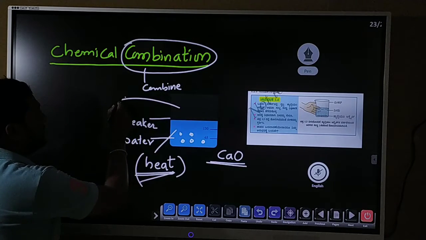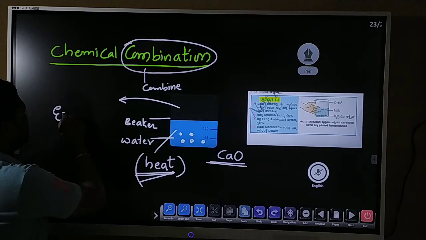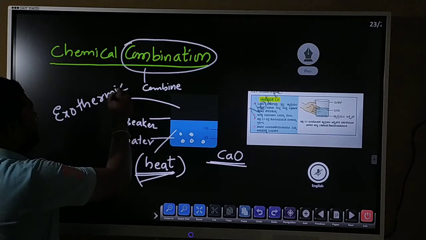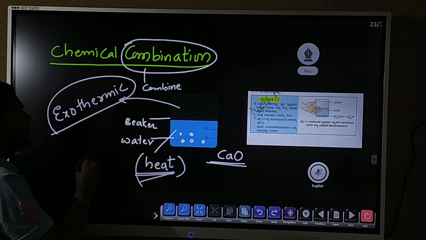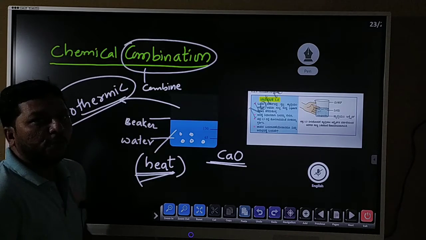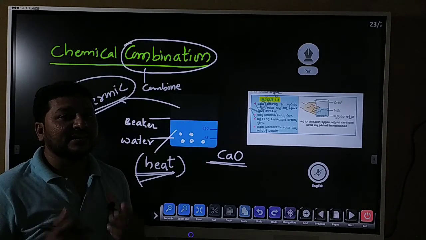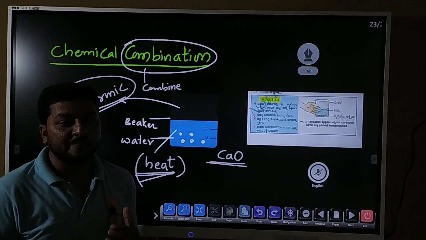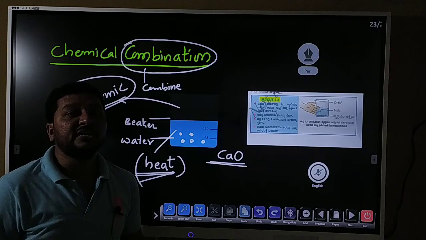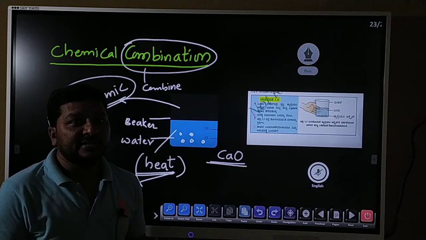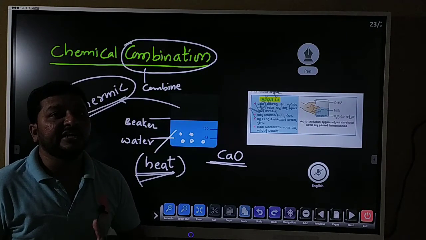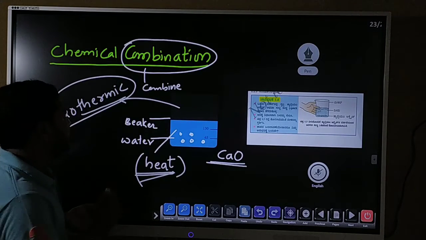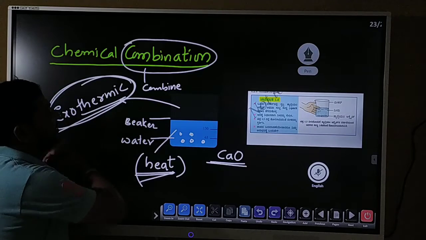Such chemical reactions are said to be exothermic reactions. What is thermic? It means heat. A chemical reaction in which heat is liberated is said to be an exothermic chemical reaction.